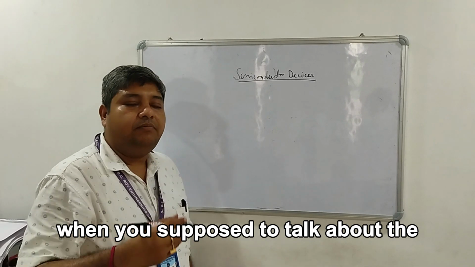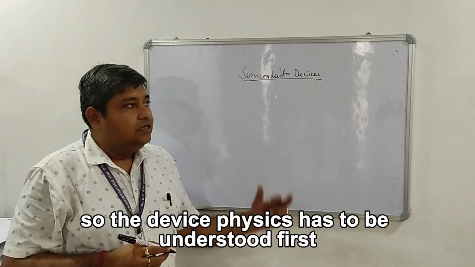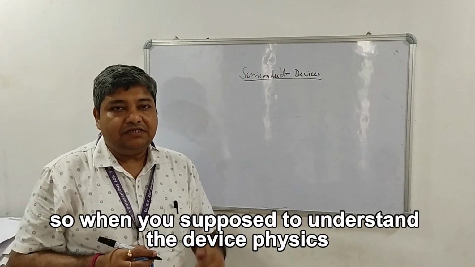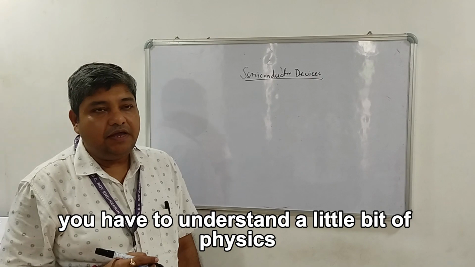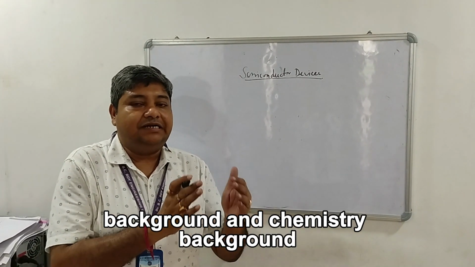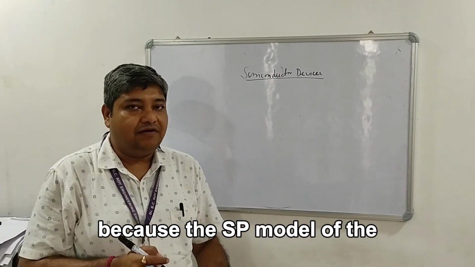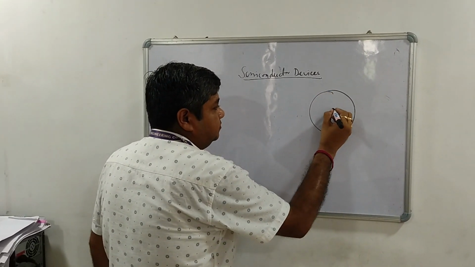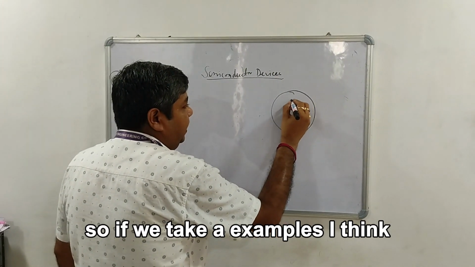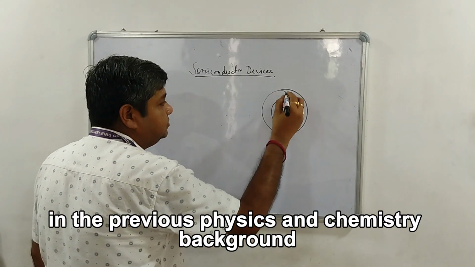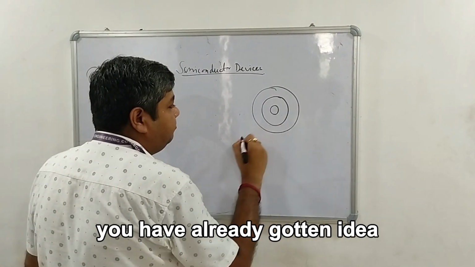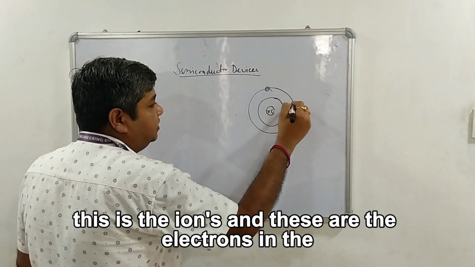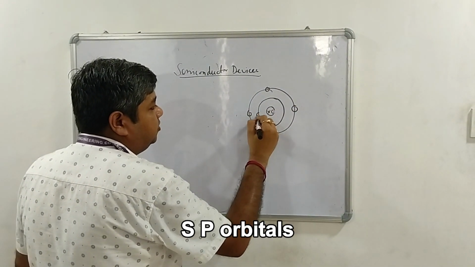When we are supposed to talk about semiconductor devices, the device physics has to be understood first very carefully. To understand the device physics, we have to understand a little bit of physics and chemistry background, because you have to understand the model of the atom structure. In the previous physics and chemistry background, I think you have already gotten the idea. So this is the positive ion, and these are the electrons in the sp orbitals.